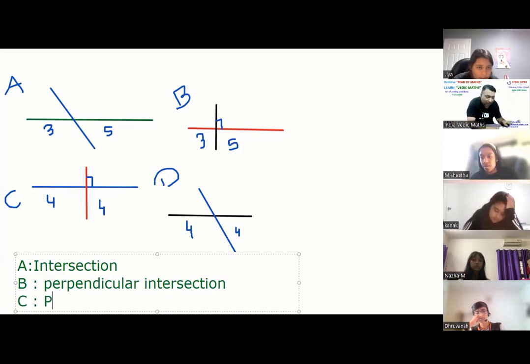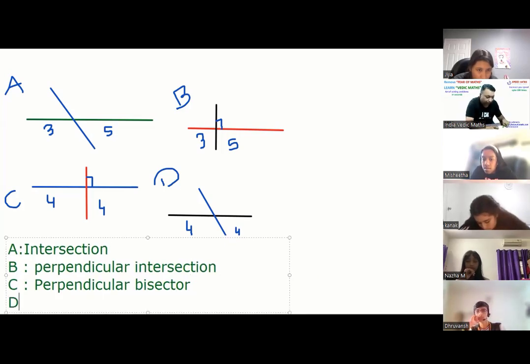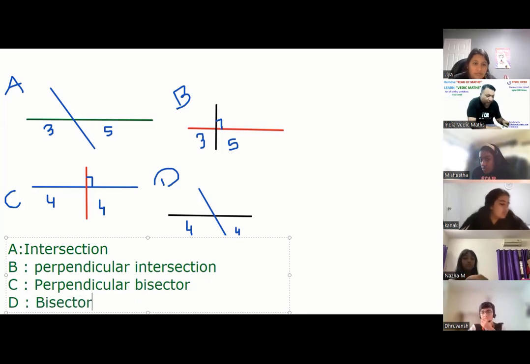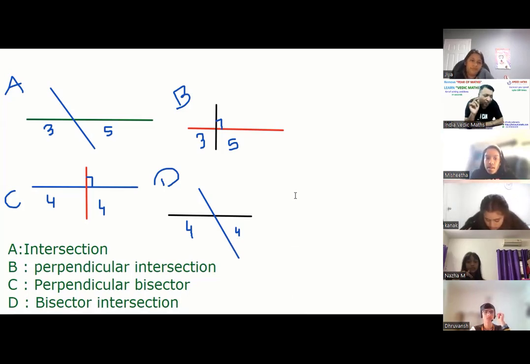Perpendicular is there and bisection also, right? Yes, sir, because it is 90 degrees. What is the fourth one? Sir, intersection. It is not perpendicular, but it is a bisector, right? What is the difference between A and D? Mishita, what is the difference between A and D?